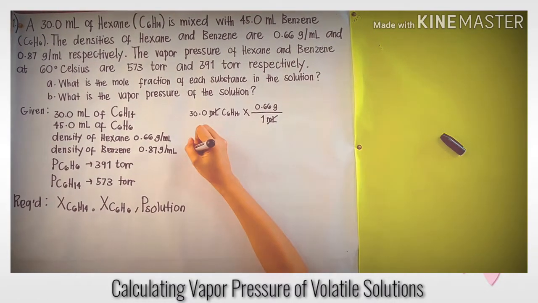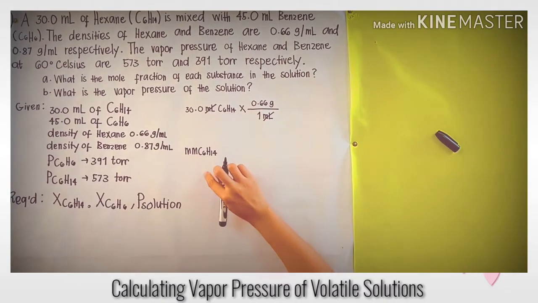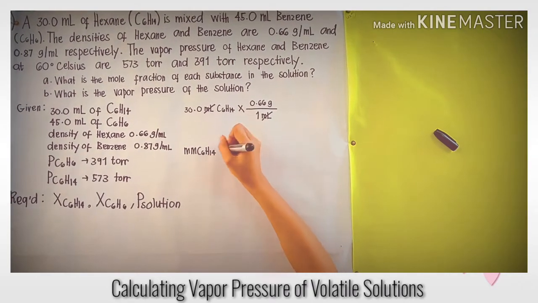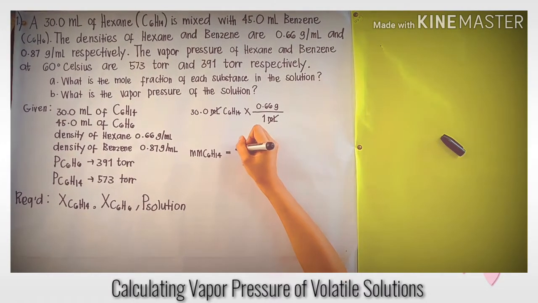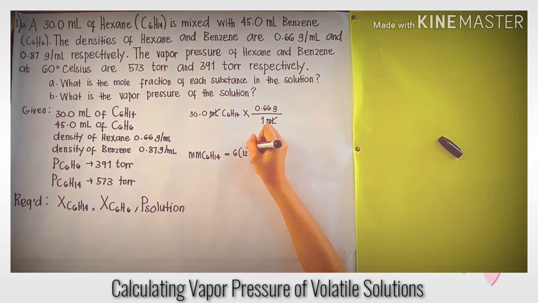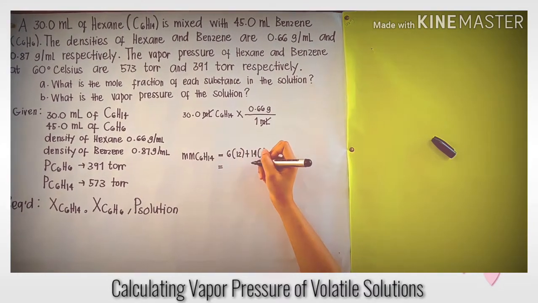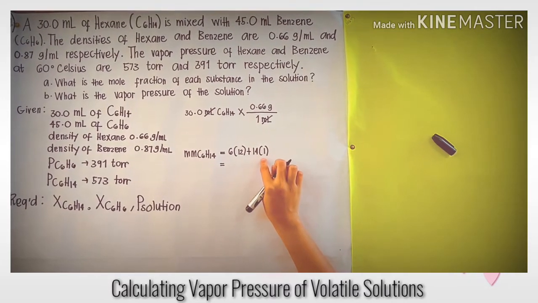So now we need to convert that to moles. So we have to find the molar mass of hexane, C6H14. We have 6 carbon atoms and 14 hydrogen atoms. From the periodic table, the atomic masses of carbon and hydrogen in hexane are carbon 12 and hydrogen 1. So that's going to be 6 times 12 plus 14 times 1.